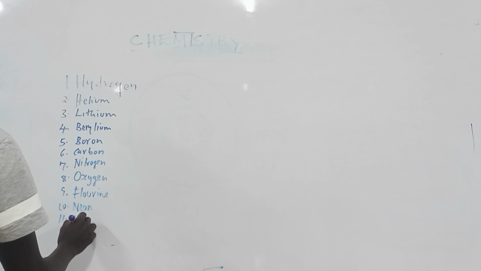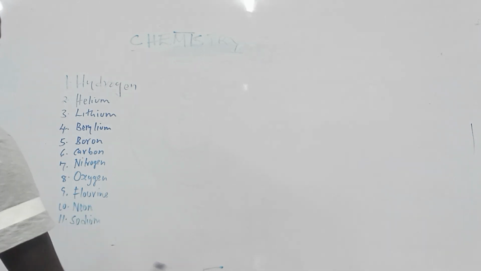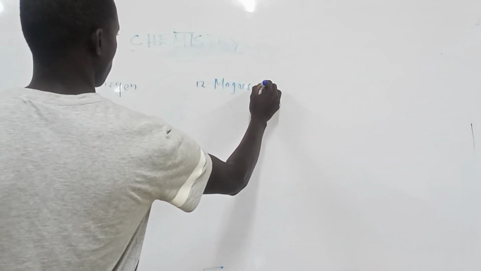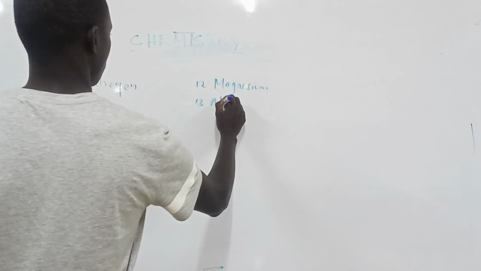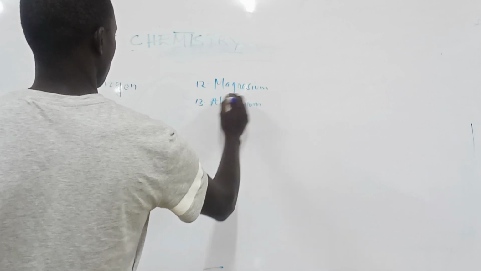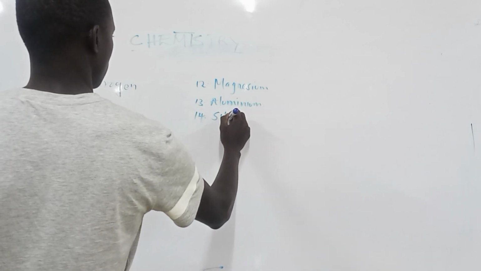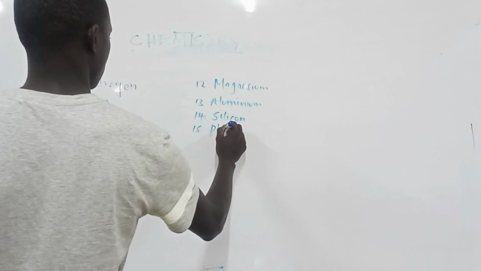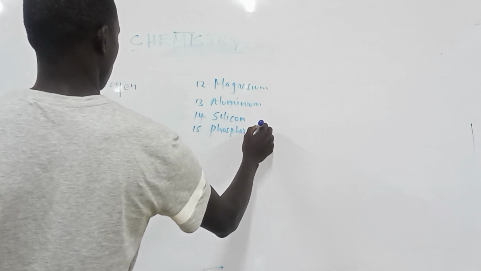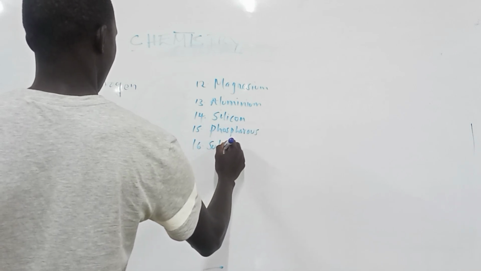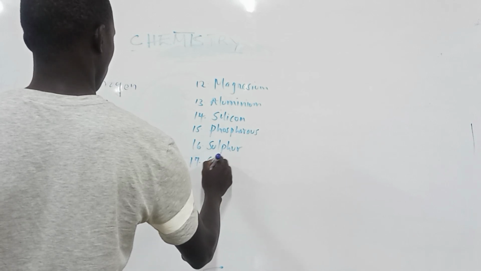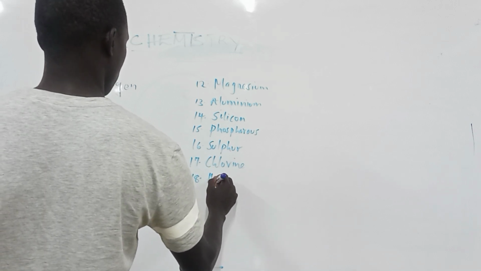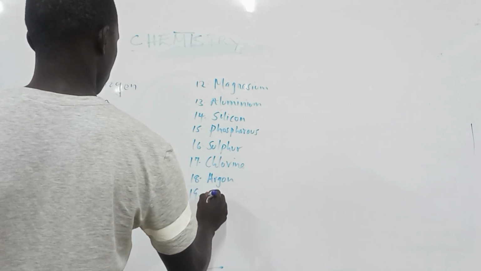11, we have sodium. 12, we have magnesium. 13, we have aluminium. 14, we have silicon. 15, we have phosphorus. 16, you have sulfur. 17, you have chlorine. 18, you have argon. 19, you have potassium.